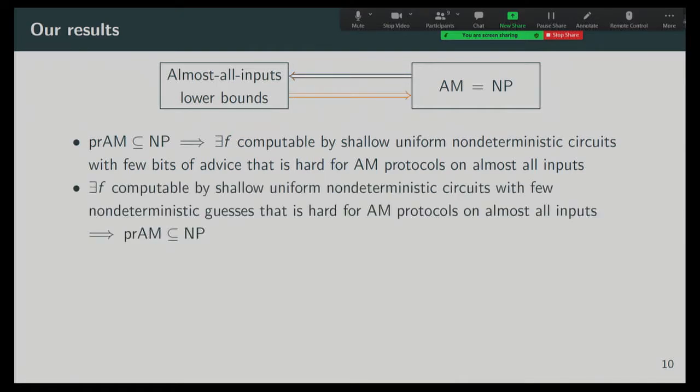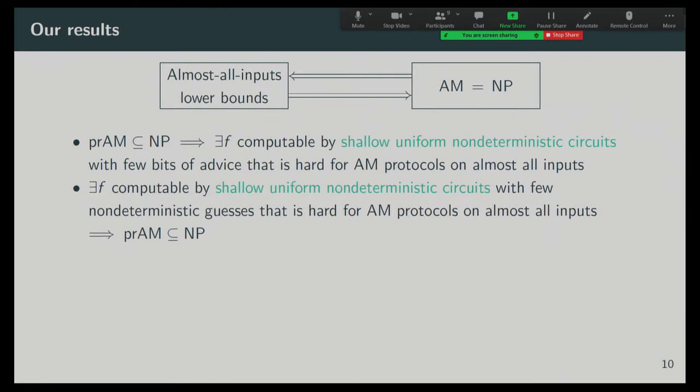And in the other direction, if we have such a hard function that is computable by shallow, uniform, non-deterministic circuits, now with few non-deterministic guesses, that is hard for AM protocols, then we can de-randomize promise AM. Let me just mention here that they have these characteristics in common: both in the hardness to pseudo-randomness and de-randomization to hardness, the circuits are shallow, uniform, and non-deterministic.